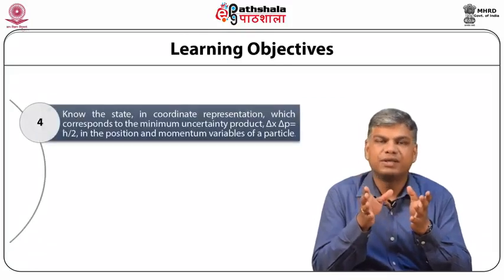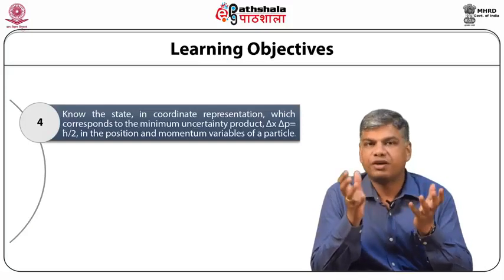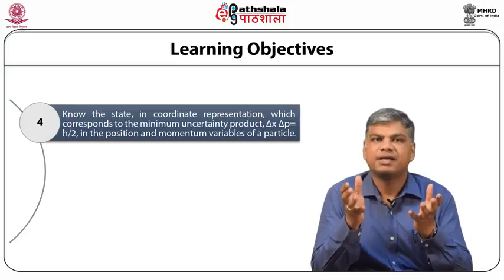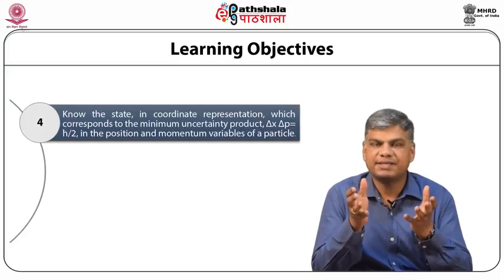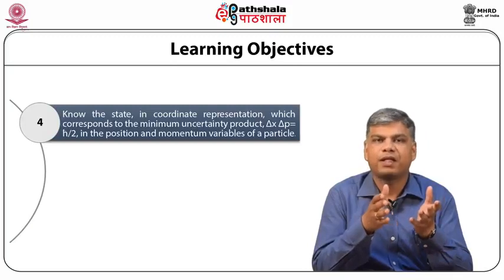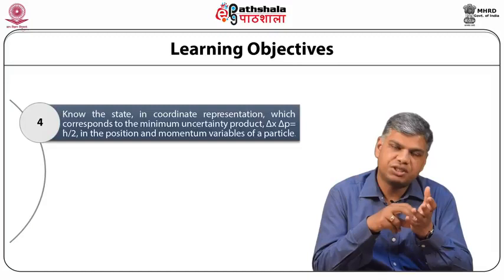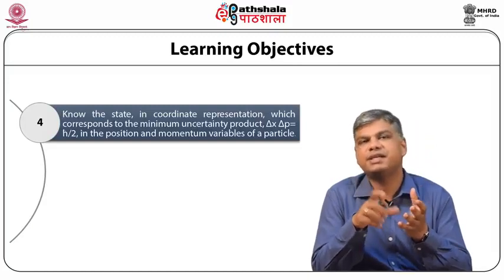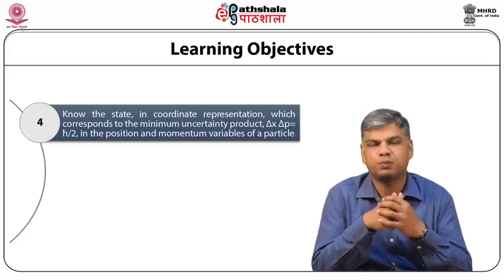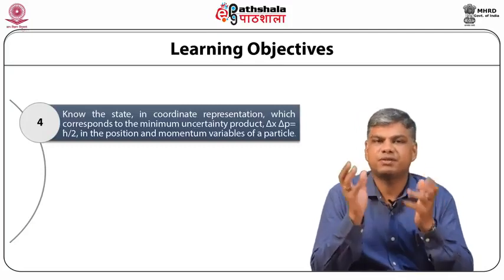We'll then know the state in the coordinate representation which corresponds to the minimum uncertainty product, delta x delta px is equal to h cross by 2, that is, the uncertainty in determining the position and the uncertainty in determining the momentum of the particle.